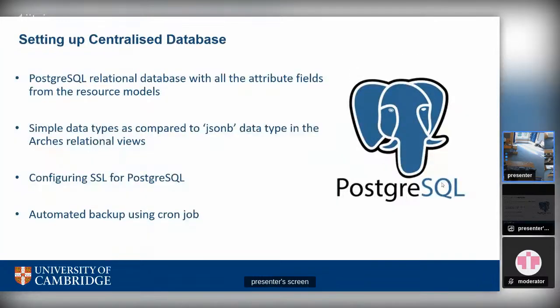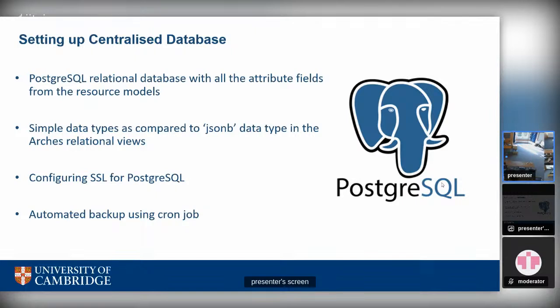Setting up the centralized database, we made sort of a copy of the ArcGIS backend, but a bit light. It's a whole relational database with all the attributes from the respective resource models. In the ArcGIS relational views, they use a JSON binary structure because they have to cater for the multiple languages made available as part of ArcGIS version 7.